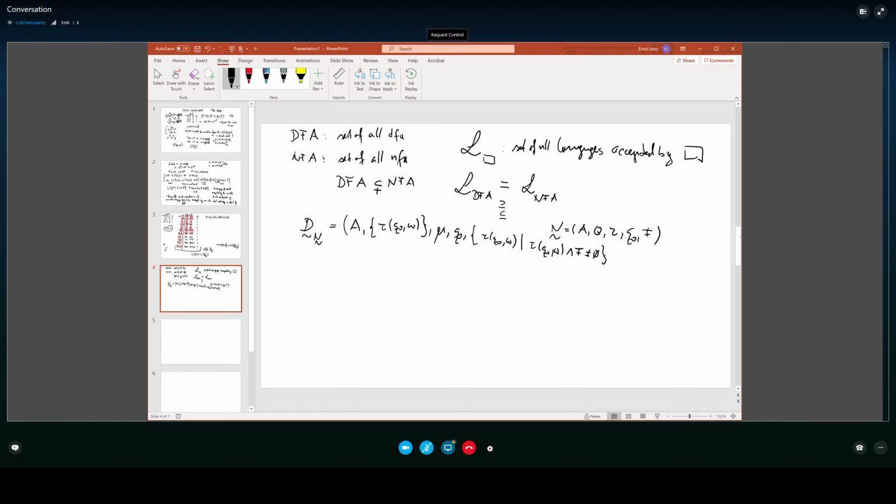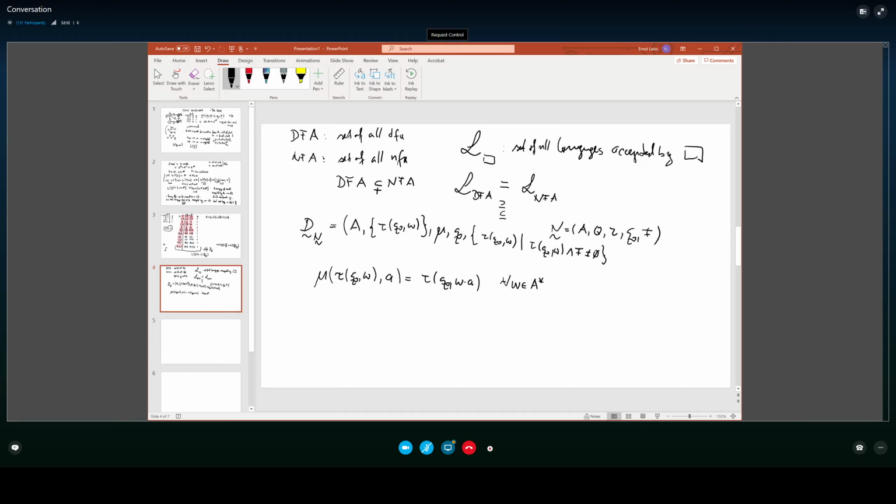And the only thing that we have to do is define mu. So mu of tau of q sub 0 and w, and a, is simply tau of q sub 0 and w followed by a, for all w in A star.